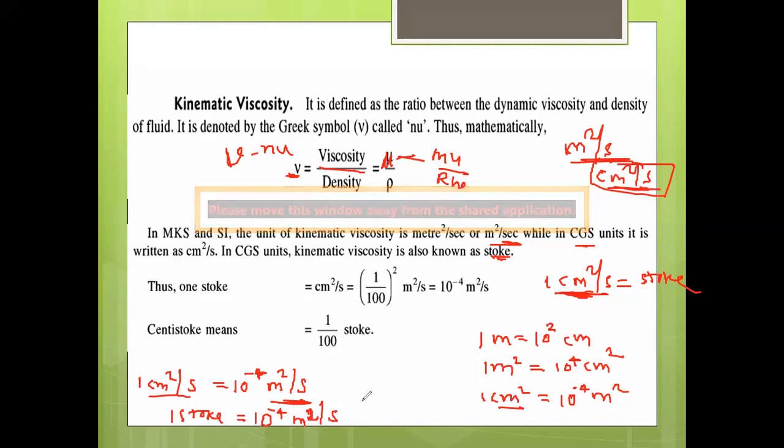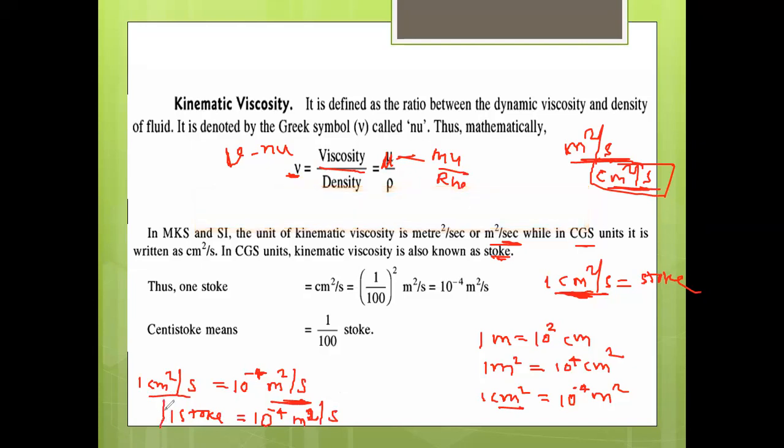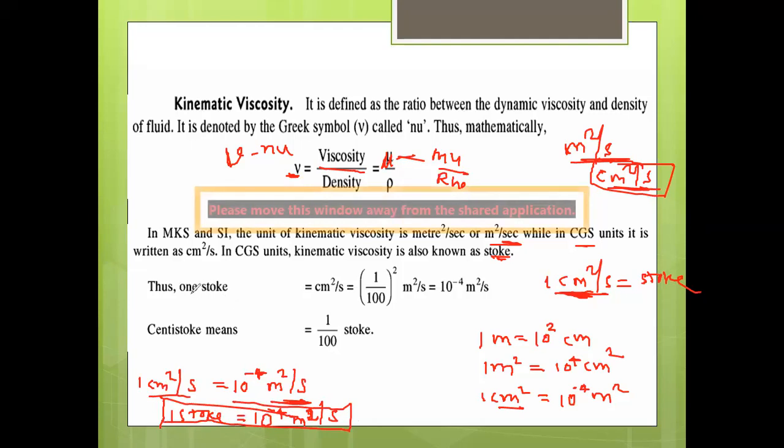Are you getting my point? So write down this particular conversion. 1 Stoke is equal to 10 to the power minus 4 meter square per second.